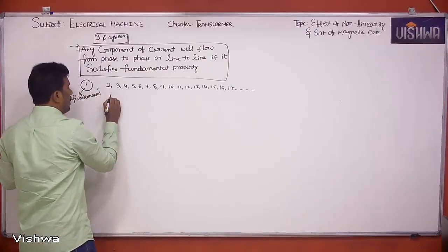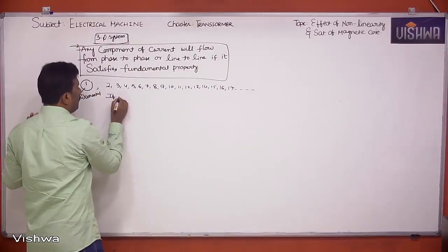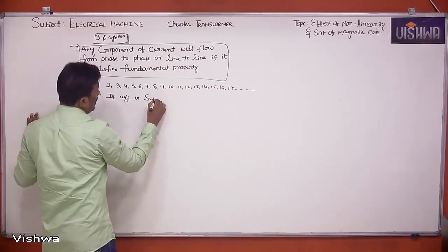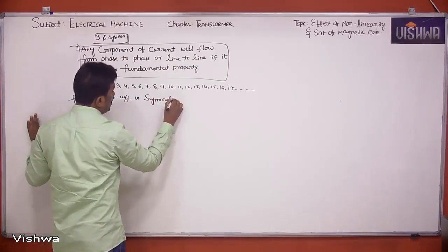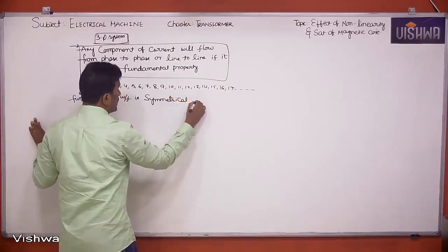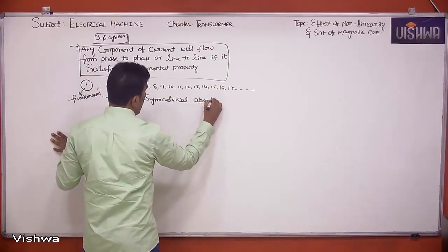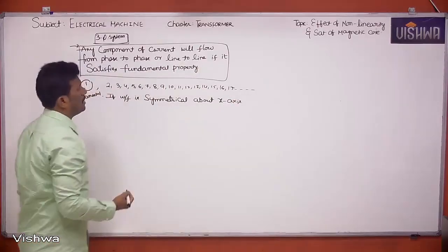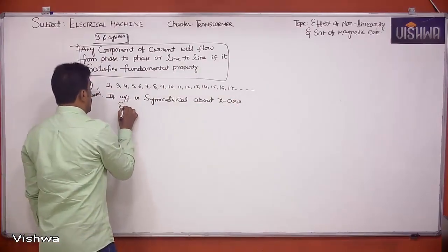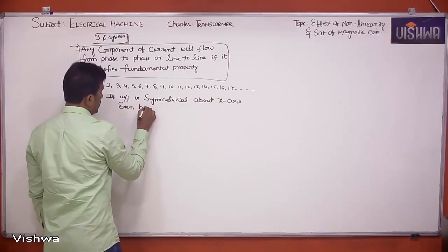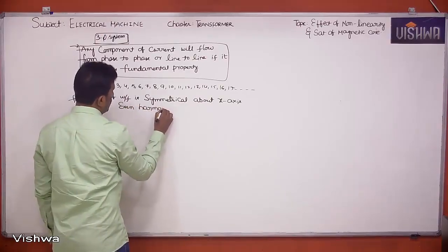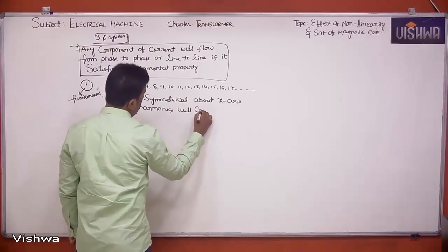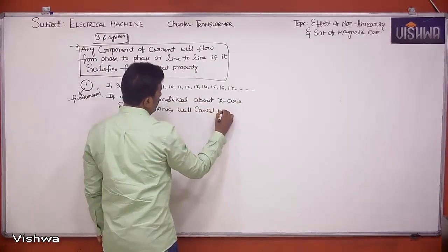Now I already told you one point. If a waveform is symmetrical about the x-axis, even harmonics will cancel with each other.